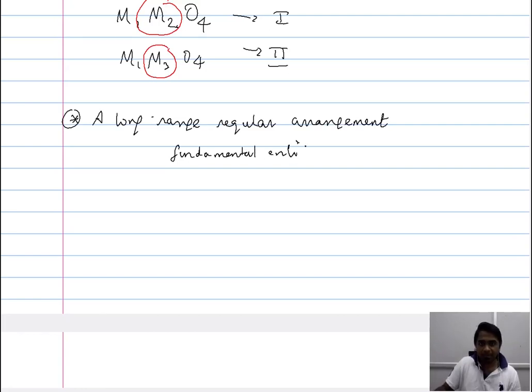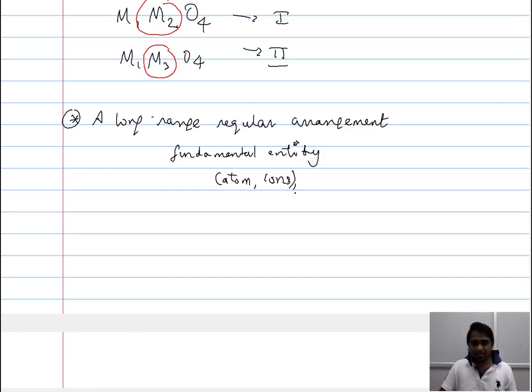So what I mean by fundamental entity is, if you consider a pure element, its fundamental entity is the atom. And since we are considering a compound, largely an inorganic compound, it is possible that its fundamental entity would be an ion.